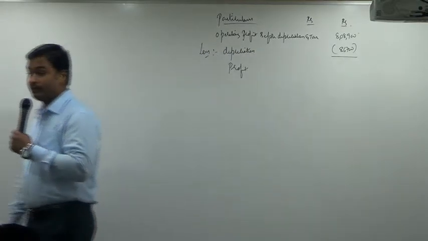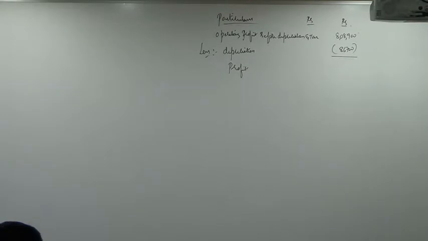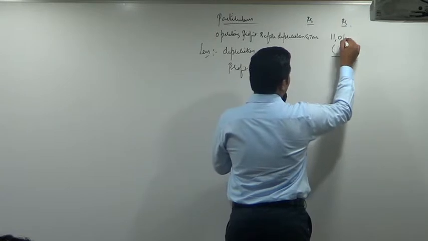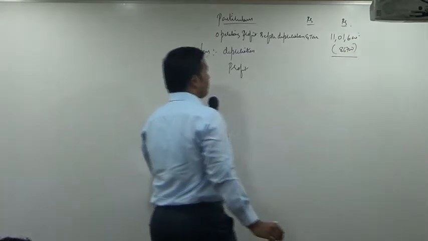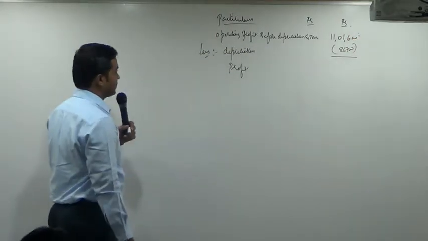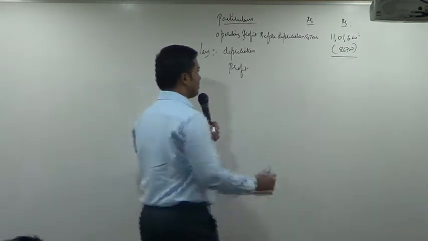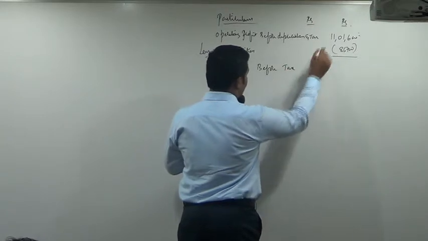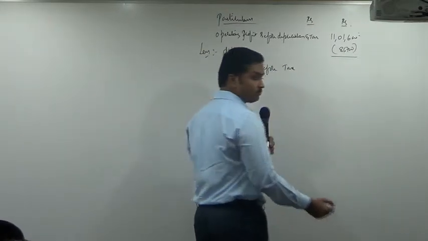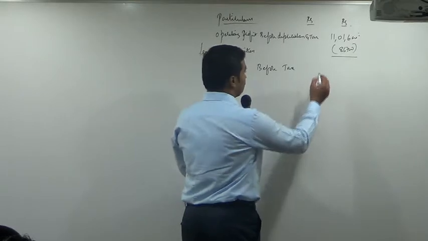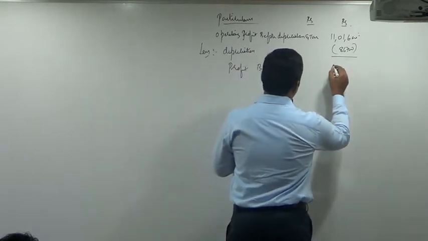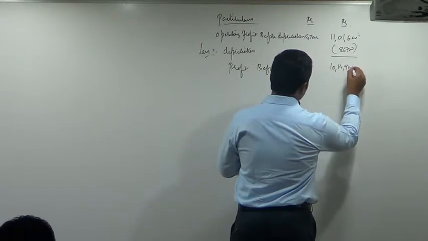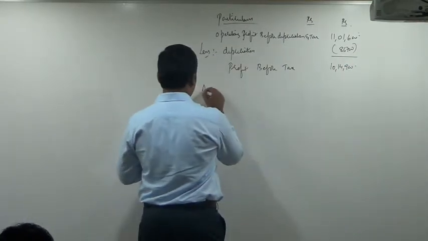Operating profit before depreciation and tax 11,01,600. Less depreciation 86,700. Profits before tax. How much is it? 10 lakh 14,900.